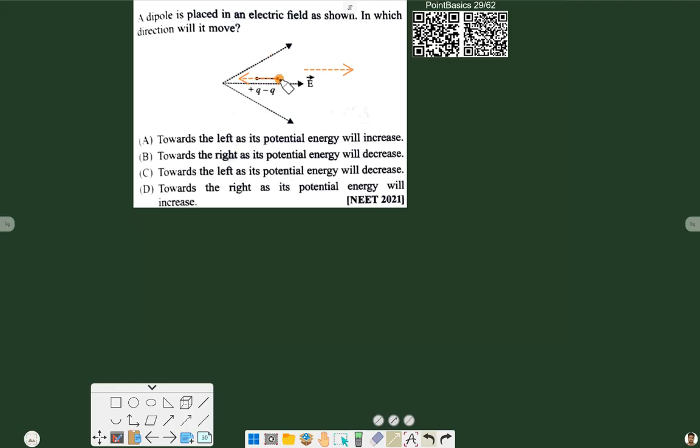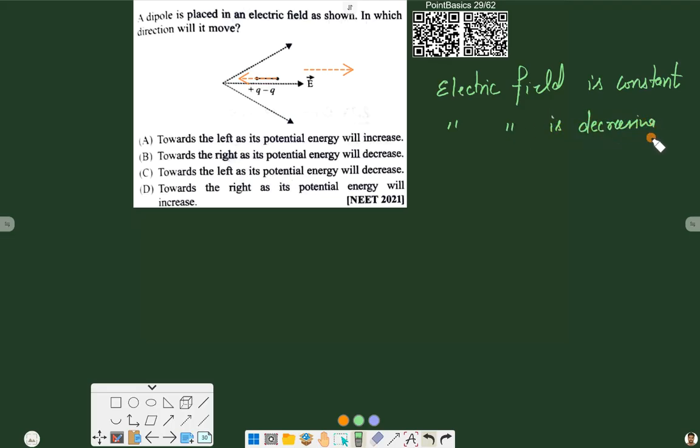And also we can see that these black arrows represent electric field lines, and they are diverging from each other. Their distance is increasing from each other. It means that the electric field is not constant. This is the first point. And second, the electric field is decreasing in the positive x direction.